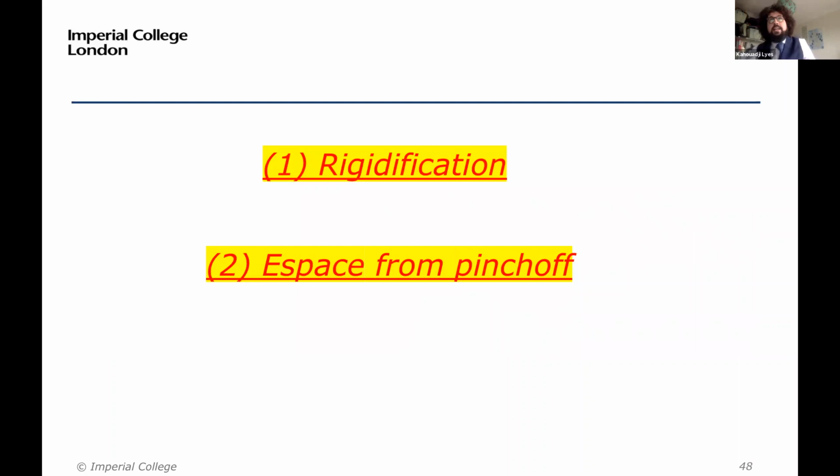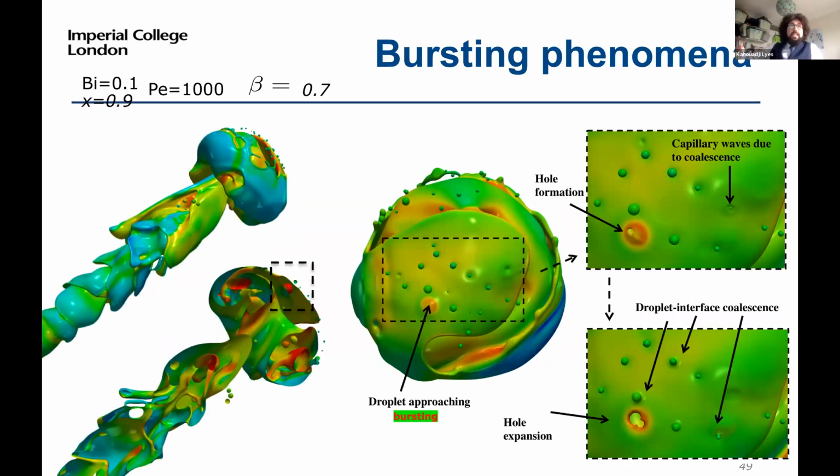When you add surfactant, and of course, if we come back to the jet flow again, you have a lot of phenomena. For example, with the addition of surfactant, you have a drop that will be created, and then a drop will punch the front interface of the jet, and then it will burst, and you have a bursting droplet phenomenon.